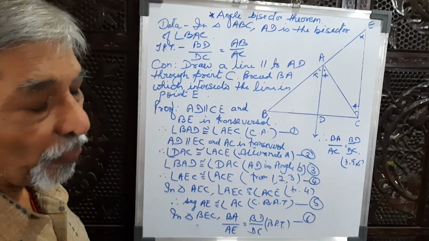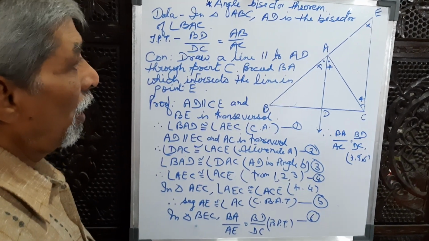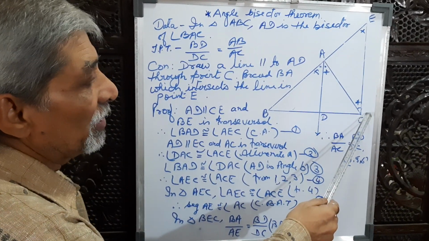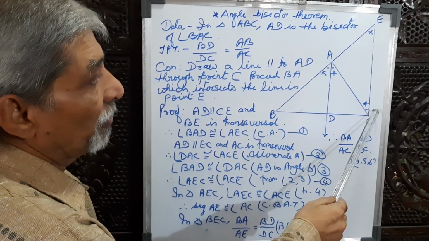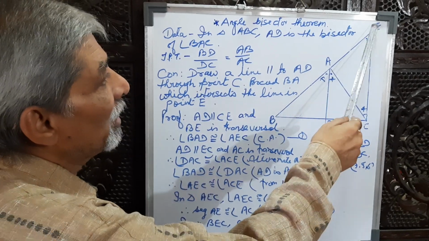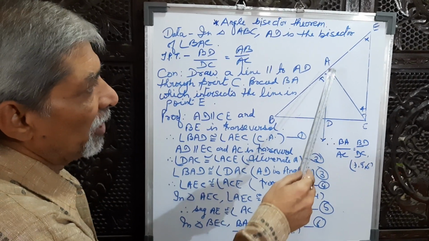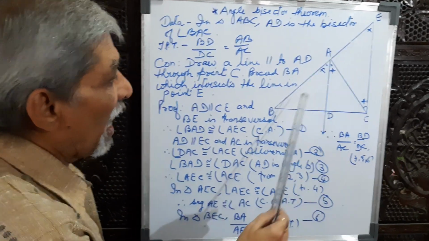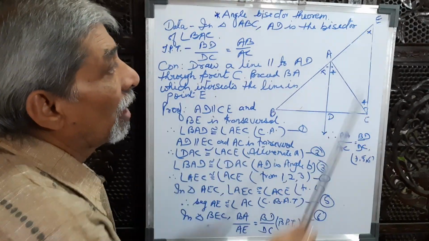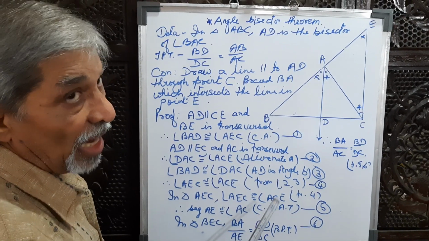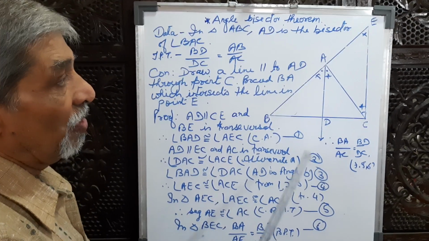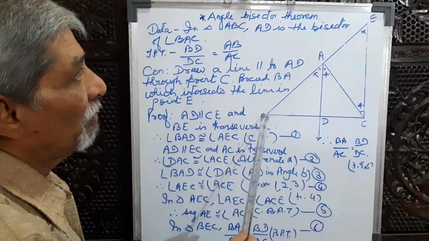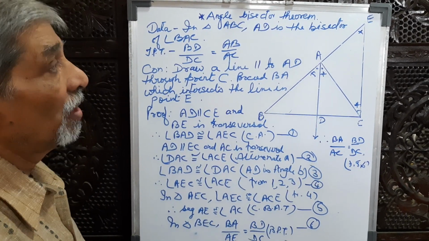Now, proof. AD is parallel to EC by construction, and BE is the transversal.